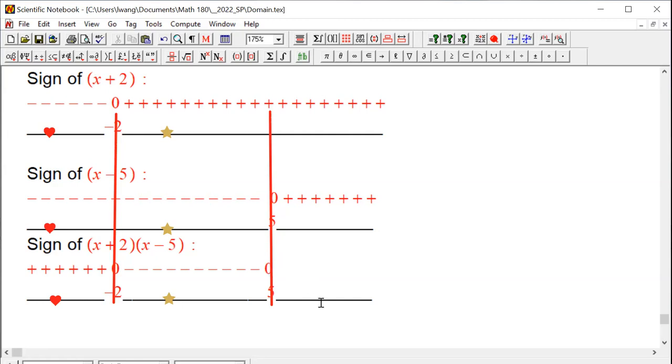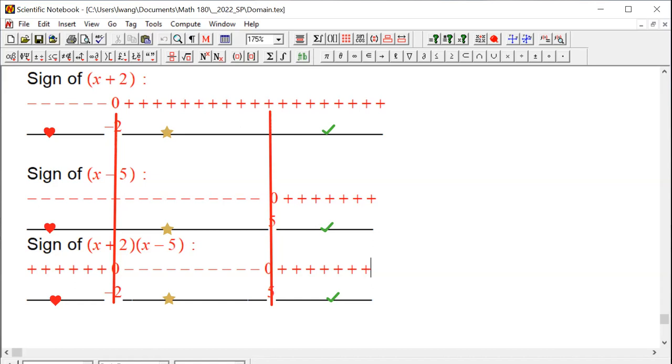And for numbers larger than 5, I pick another number right here, plug in, and I have positive times positive, so this is going to be positive. So this is just to consider the sign distribution.